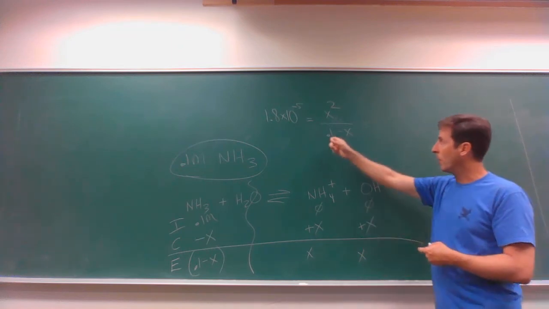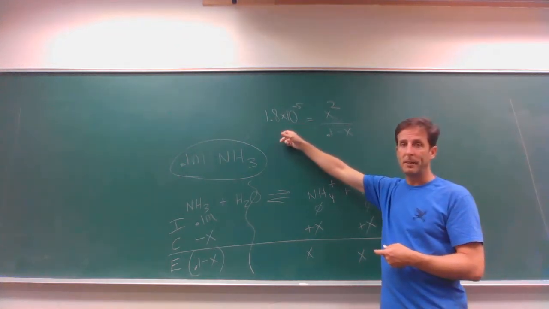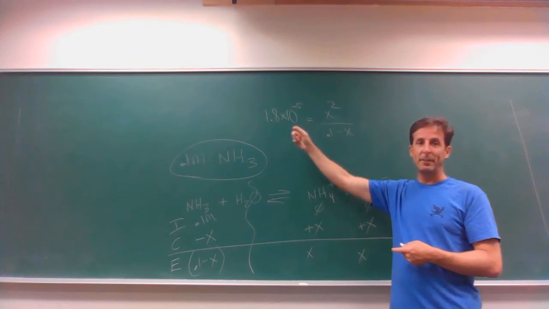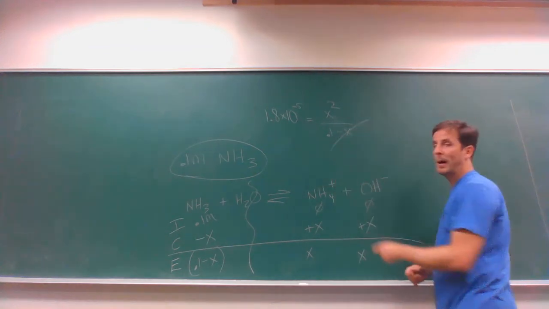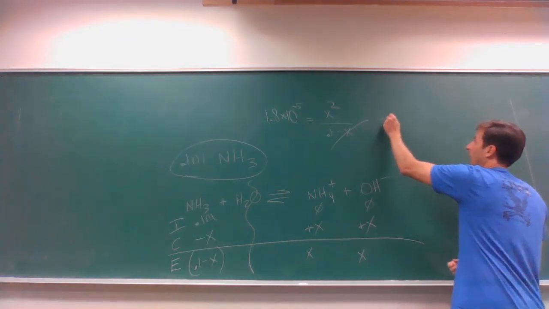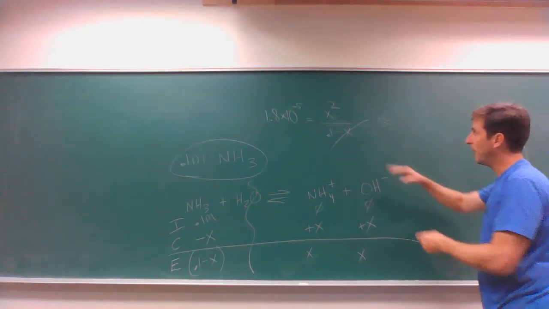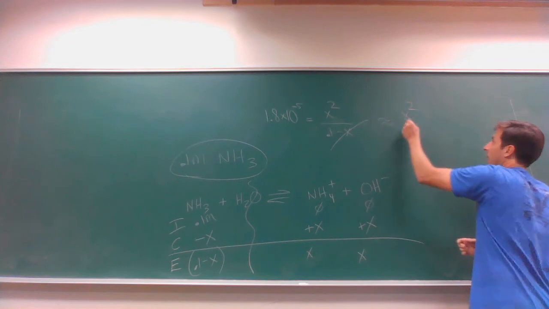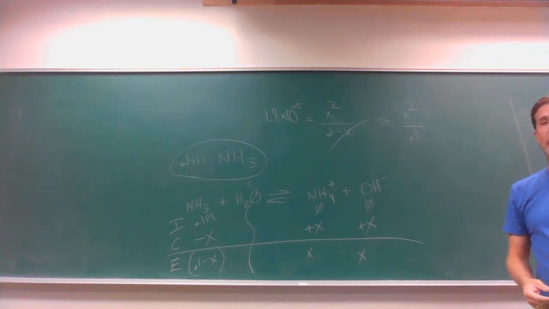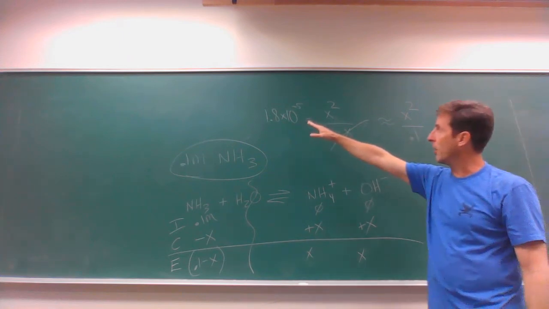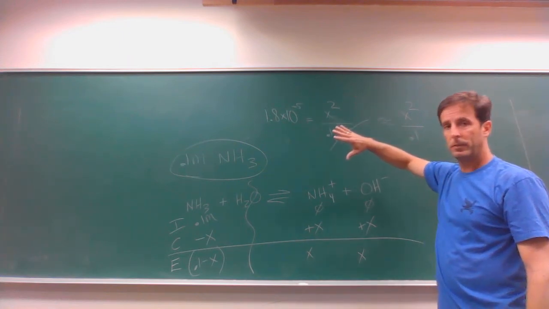So, 0.1 divided by 1.8 times 10 to the minus 5, that is a significant difference of greater than 1,000. So that means I can ignore the minus X, which is going to allow me to simplify to X squared over 0.1. At that point, I can multiply the 0.1 over and then take the square root.